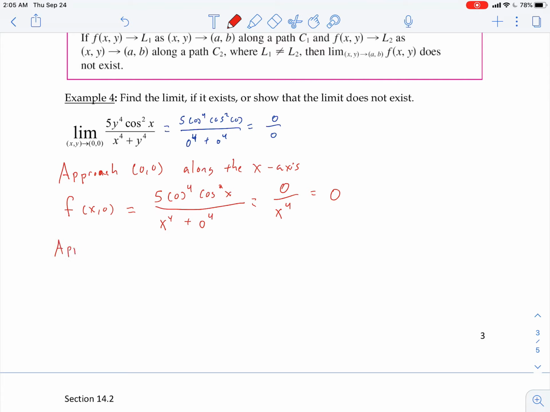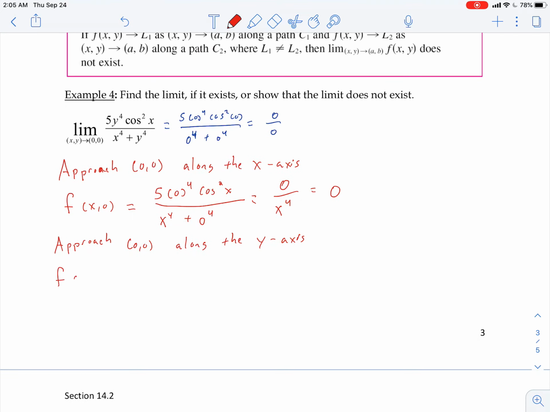So now let's approach 0, 0 along the y-axis. And so I'm going to have f of 0, y. And now I'm going to plug it into the function.